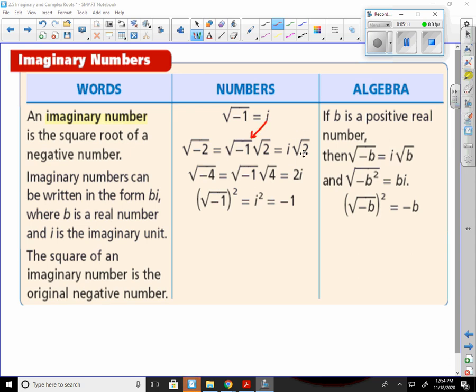And so our answer would just be i root 2. Same thing with any number we could plug in here. Negative 4, break it up, square root of negative 1 times the square root of 4. So square root of 4 is 2, square root of negative 1 is i, 2i is your answer. You don't really need this column, sorry. Just do the middle one.